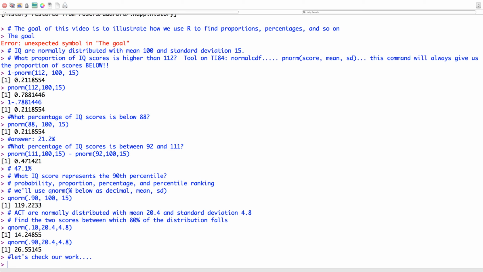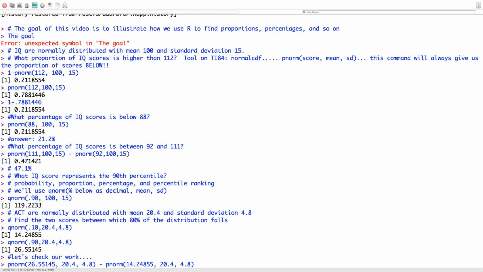Well, what about this? What if we take pnorm of the right value and subtract pnorm of the left value?